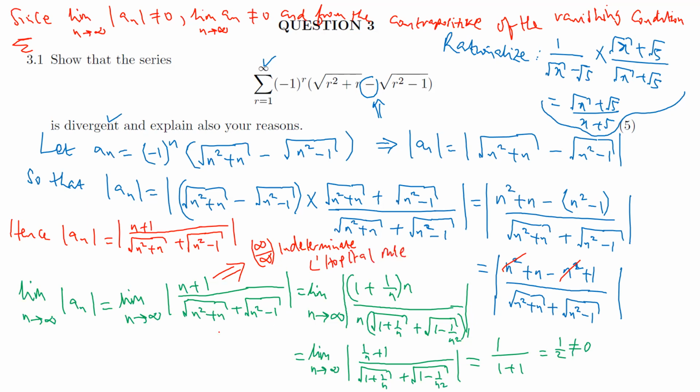Because we want to find this limit here. What is this limit? So I decided to factor out n, it's the easiest thing. If you factor out n from the numerator, that's what you get. Now factoring n from the denominator is a little bit tricky, but yeah. Because if you have n squared plus n, you have the square root of this, so you must factor out n squared from this.